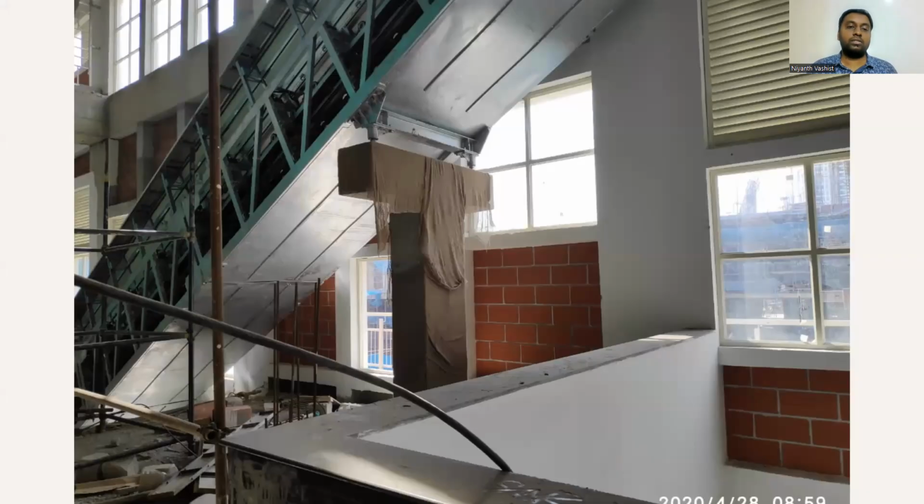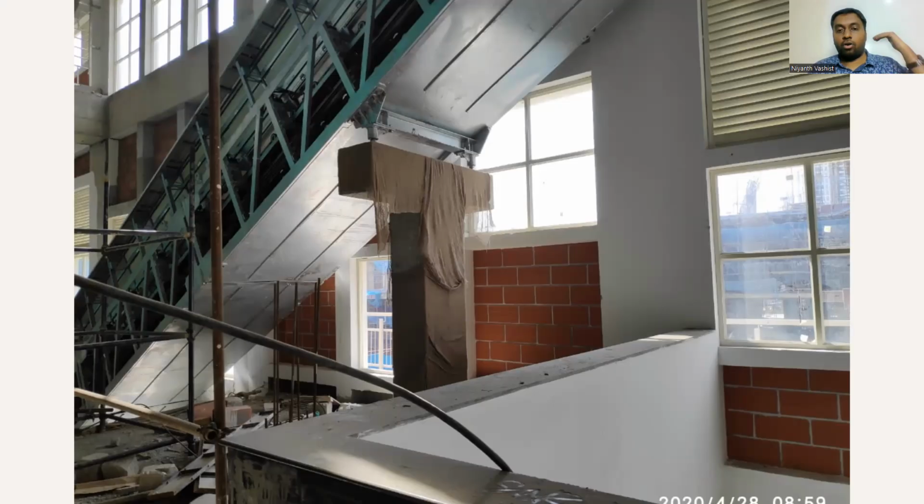But in multiple places, you can have it directly on an RCC staircase slab or a ramp slab itself, or sometimes the escalators will also be on a steel supported structure. So this is something that can vary across projects as well. So this is how you can understand various components of the construction of a metro station.